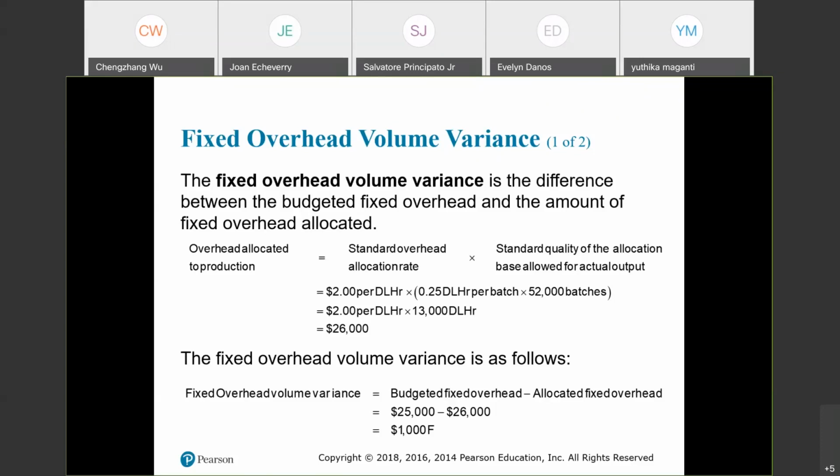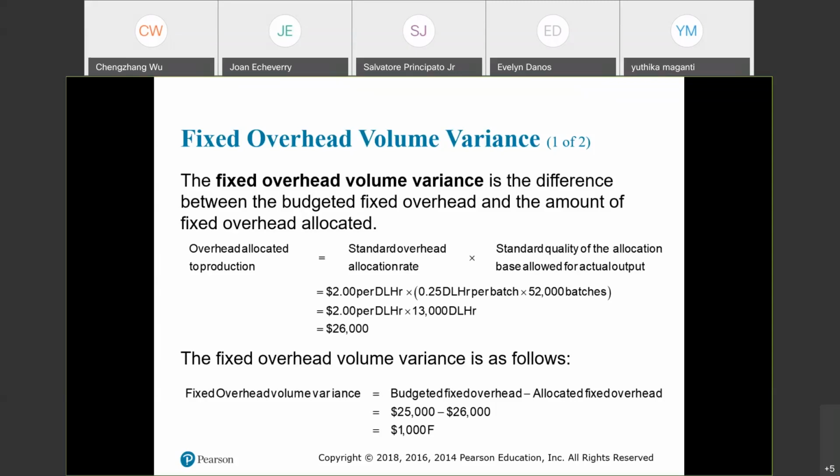The $1,000 fixed overhead volume variance is favorable because this company produced more batches than budgeted and allocated more overhead to the batches than the previously budgeted fixed overhead amount.